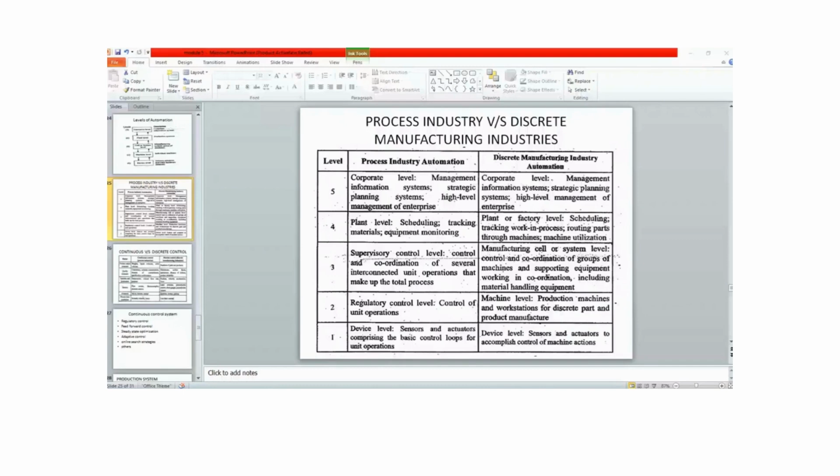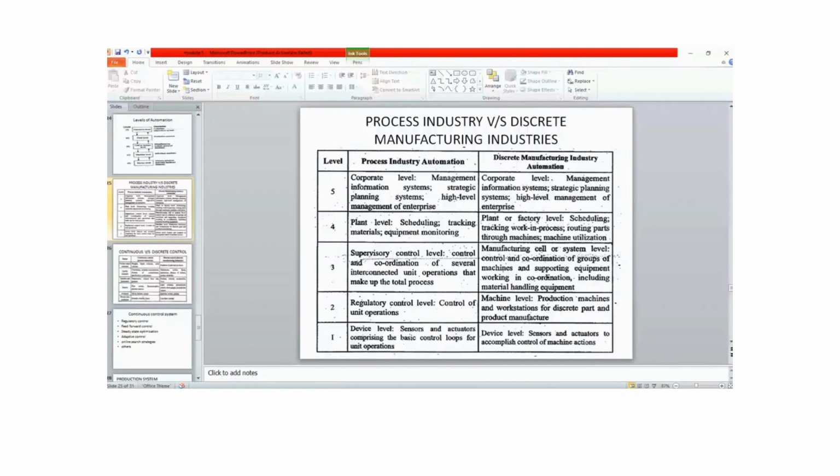Then if we take a discrete manufacturing industry, we are going to prepare a component. Suppose I need to prepare a block, a cylinder block, or a piston. This is limited to the discrete. Discrete means short, for a specified thing.